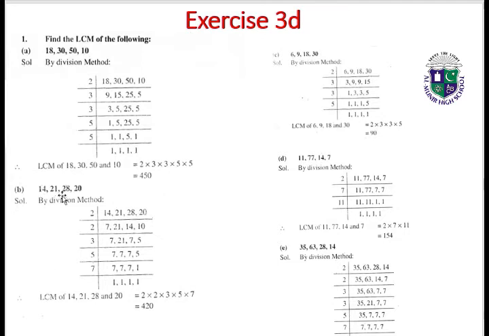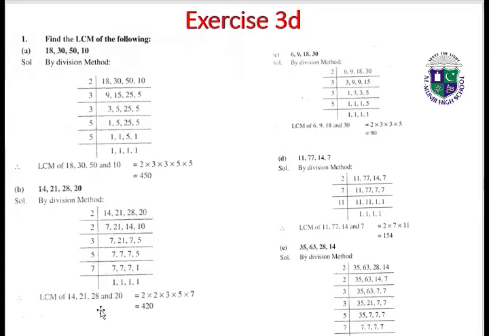Part B: 14, 21, 28 and 20 by short division method. Dividing by 2, 2, 3, 5 and 7, we reach 1, 1, 1, 1.